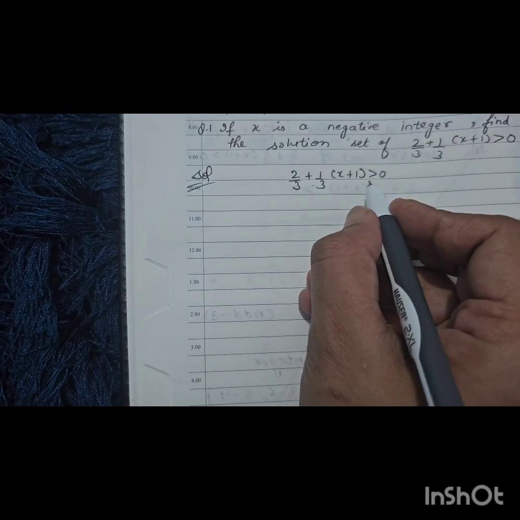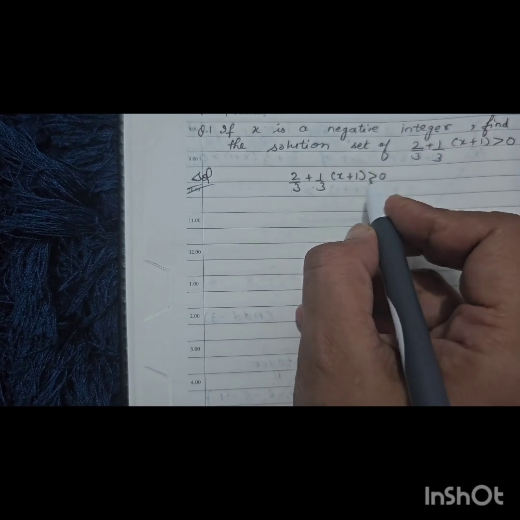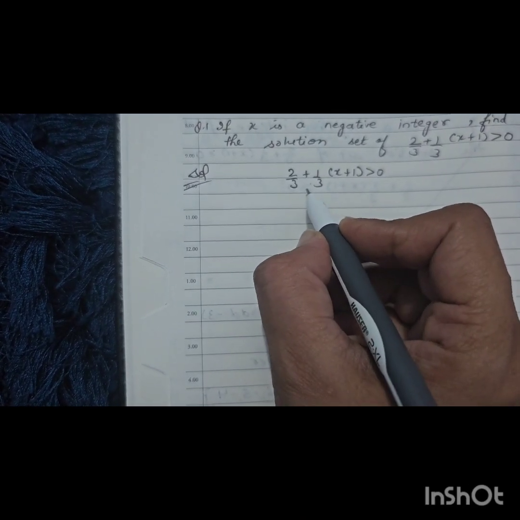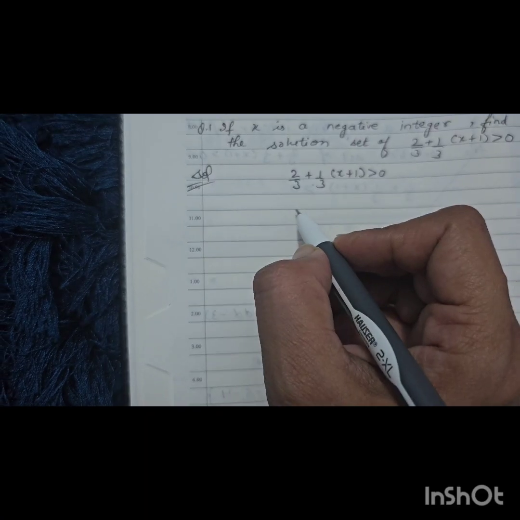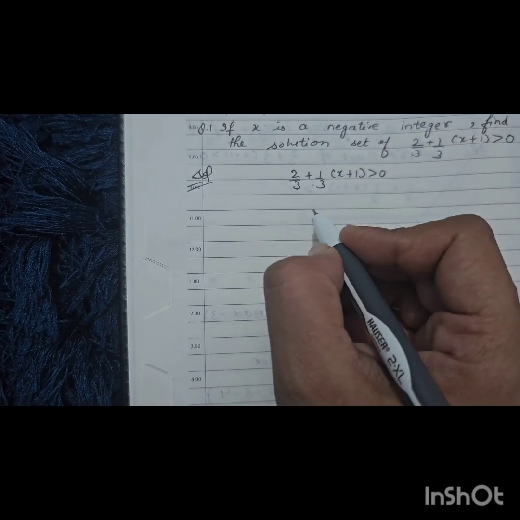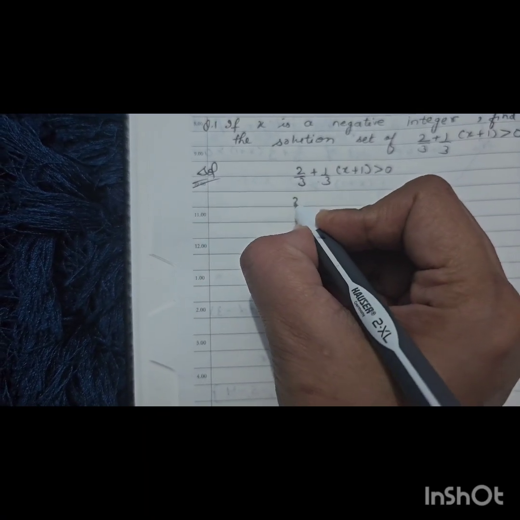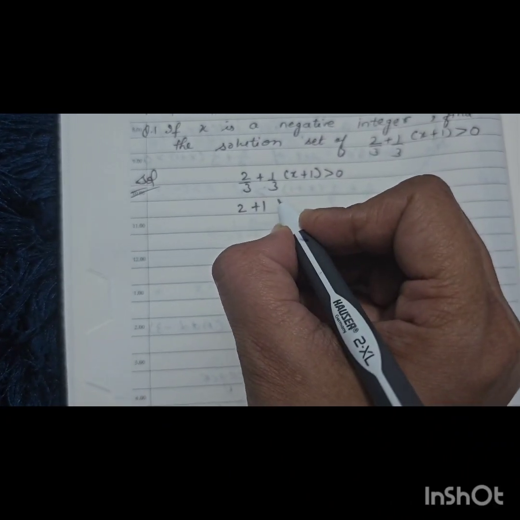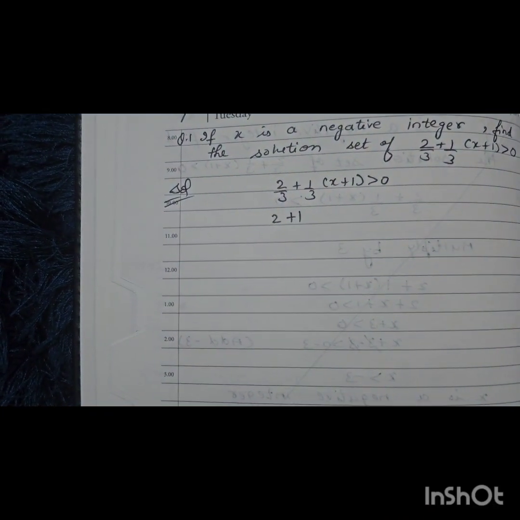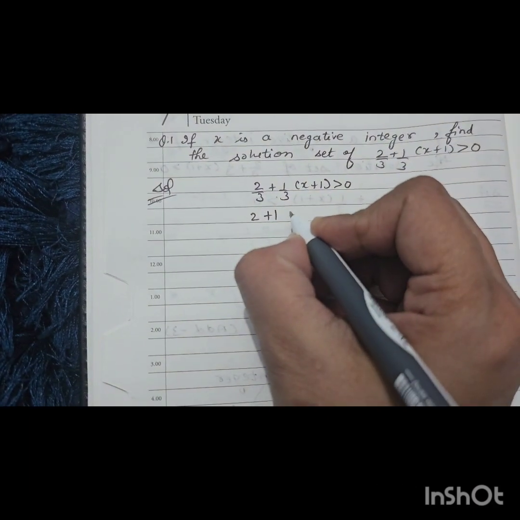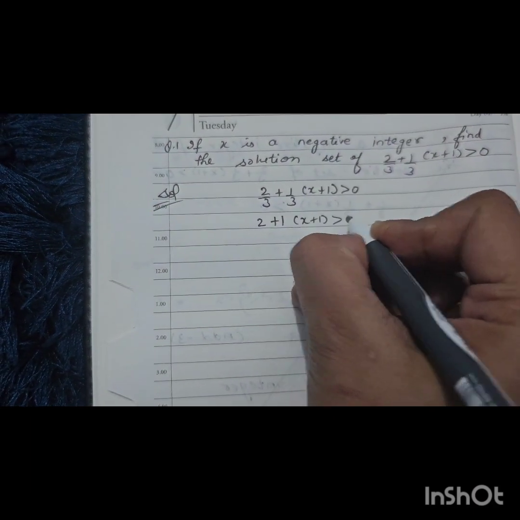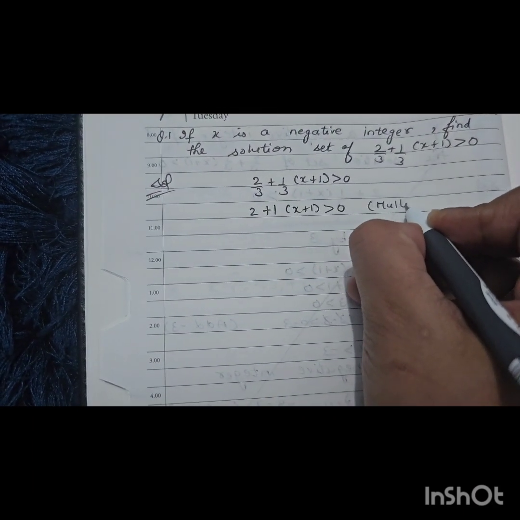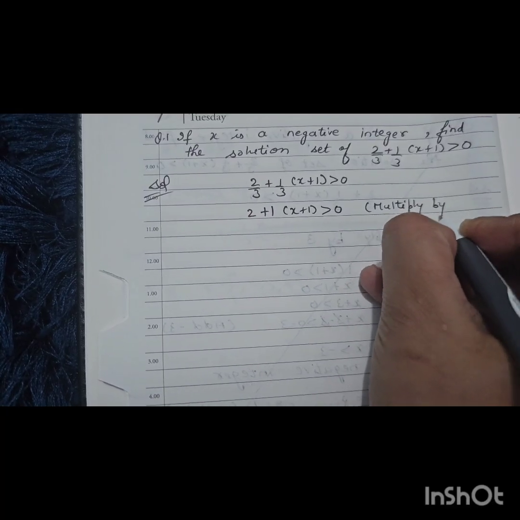In case of linear equation, you will take LCM, right? So here we will not write that taking LCM, we will write multiply by 3 so that denominator will be eliminated. Okay, we will write multiply by 3.